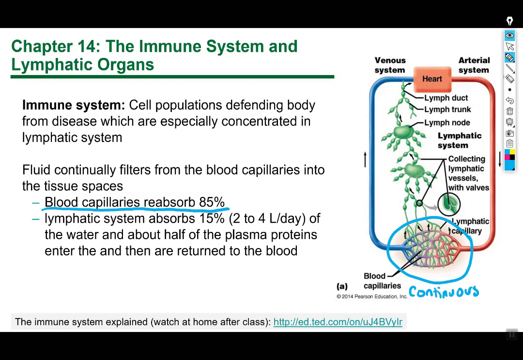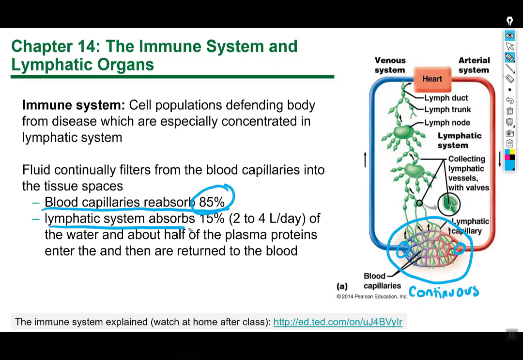Since water is leaving but large plasma proteins and such are staying inside, over towards the venous end of the capillary we have the phenomenon of the colloid osmotic pressure of the remaining fluid in the capillary attracting water back from the interstitial fluid. So that accounts for about 85% of the stuff that left on the arterial side, which leaves another 15%.